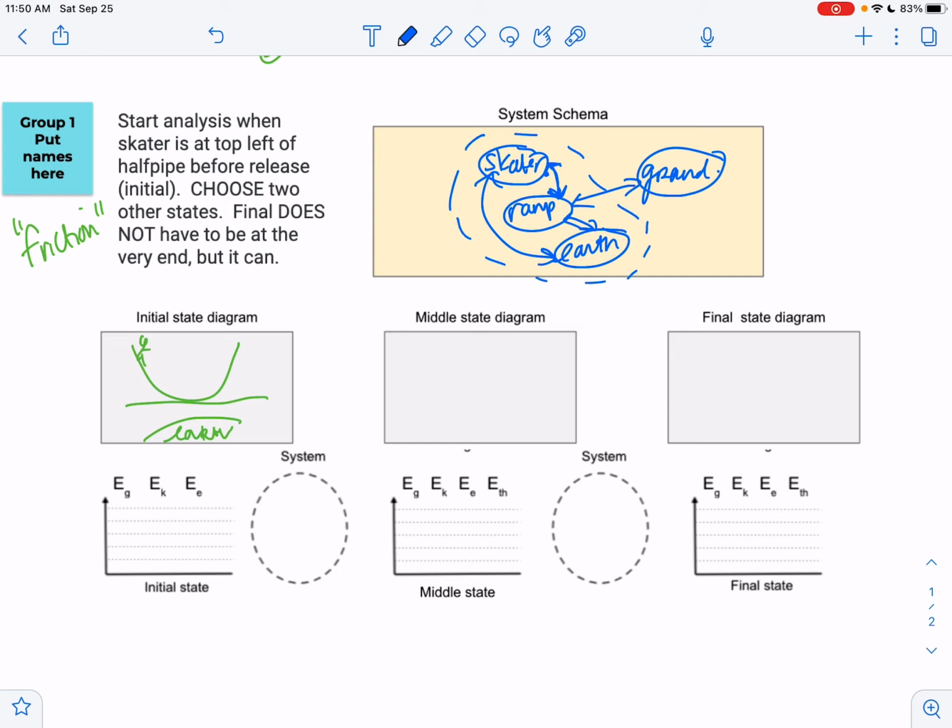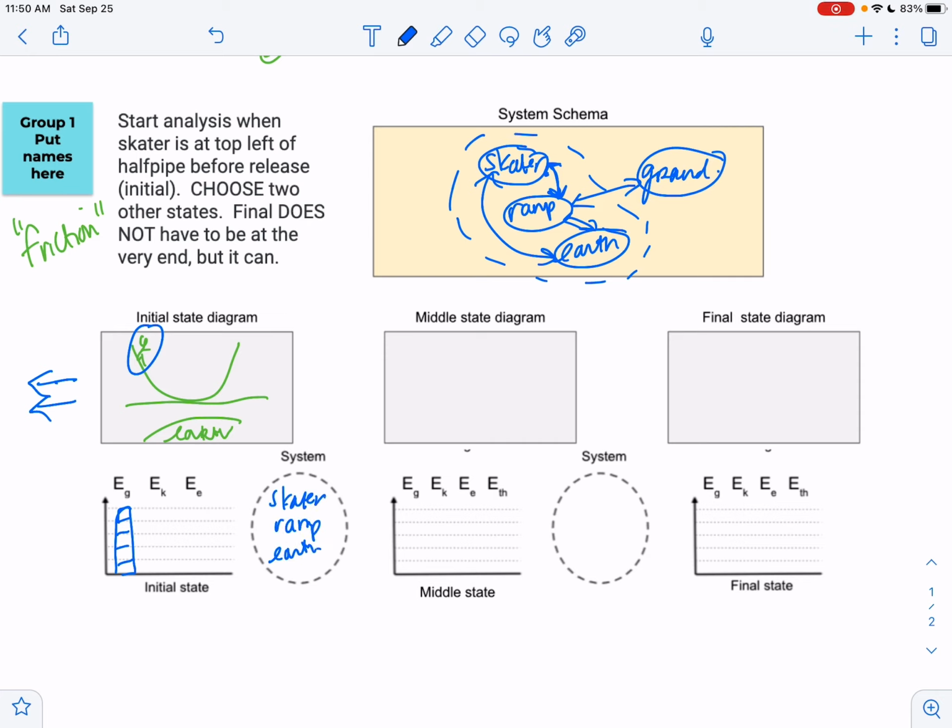All right, and this time I don't need any hand, right? Because the guy already has energy when it starts. So the guy already has 5 EGs when we start. We just didn't look back here at the position before where we may have had to do work on the system. All right, so he already has it. Okay, so we're gonna have skater, ramp, and earth.